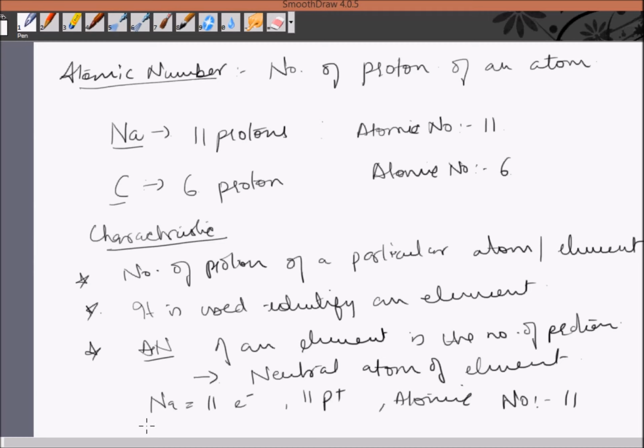Either we add electrons or we remove electrons from a normal atom. Therefore it contains either fewer or more electrons than protons, and then it is converted into an ionic state, right? I hope you have understood the atomic number now.